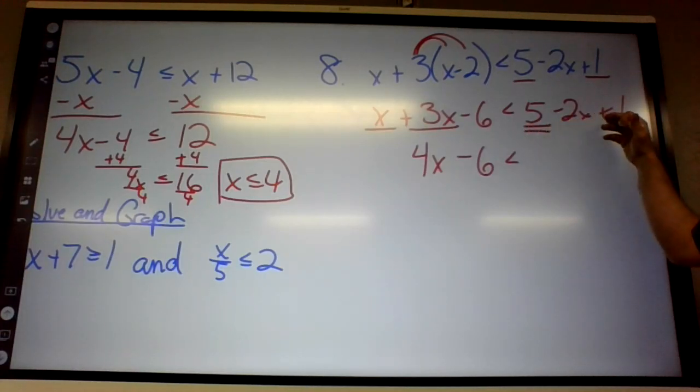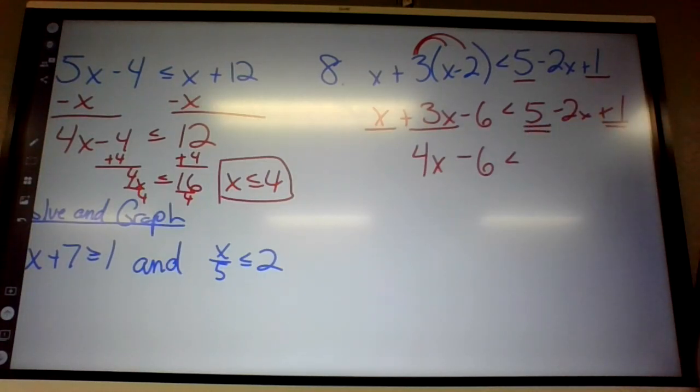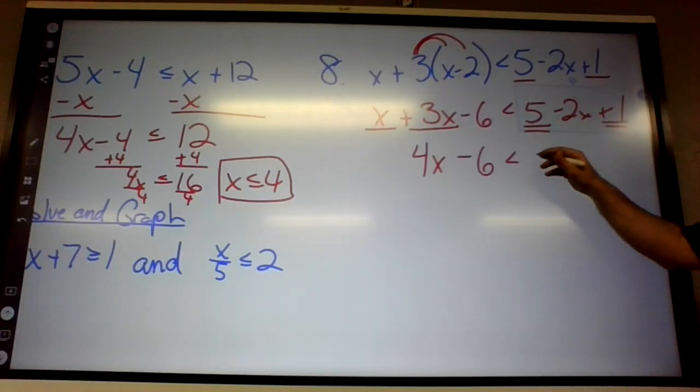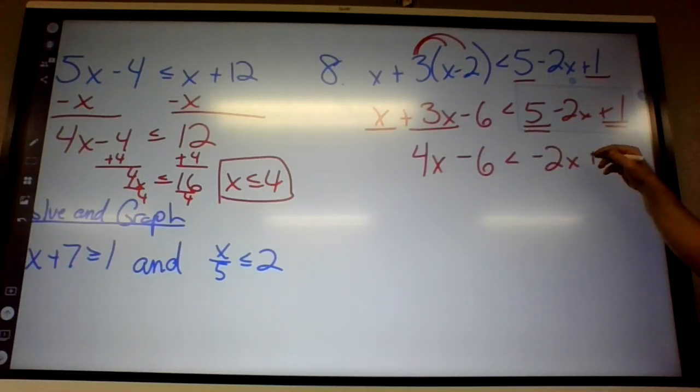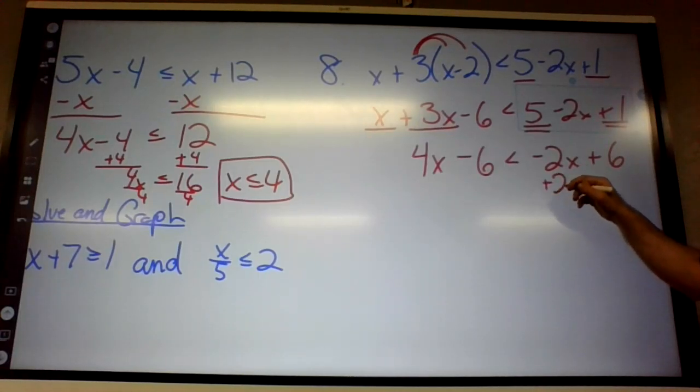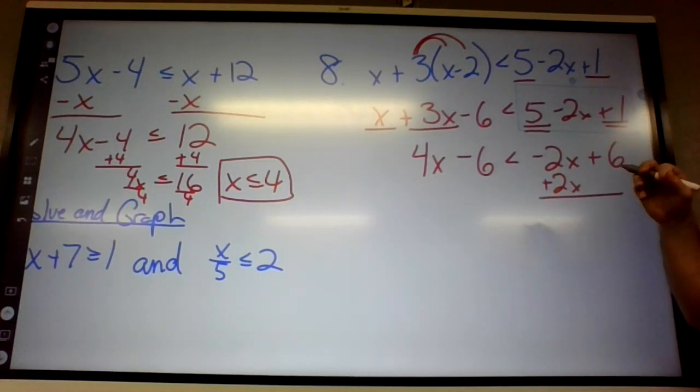Then we have 5 plus 1 on the right side is 6. So it's either 6 minus 2x or minus 2x plus 6. Now we're getting closer to normal. Now what? Add 2x.